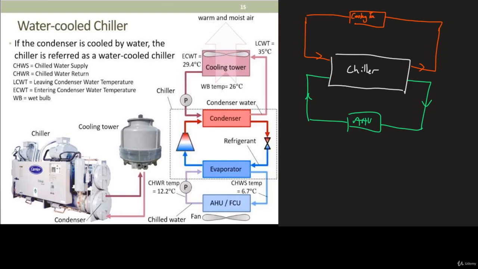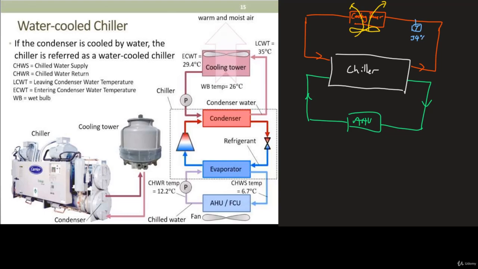A cooling tower is effectively a tower with water that's being dripped down, trying to spread out the water, and at the same time you have some fans below that are blowing across all this water. What it's trying to do is use evaporation of the water to cool down this condenser water. The condenser water temperature going in may be around 34 degrees Celsius.